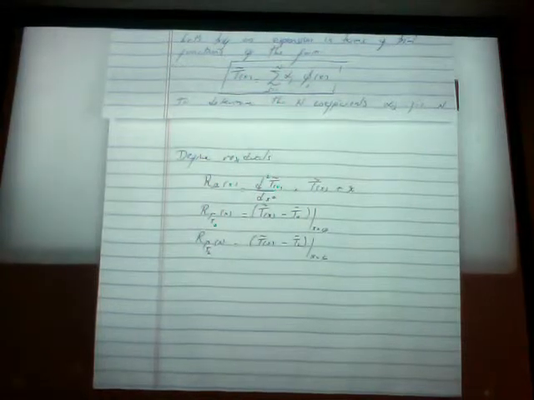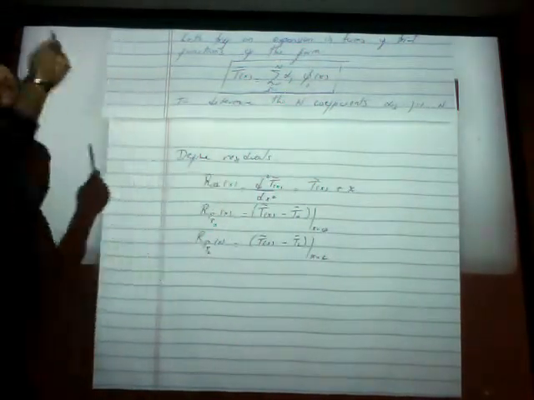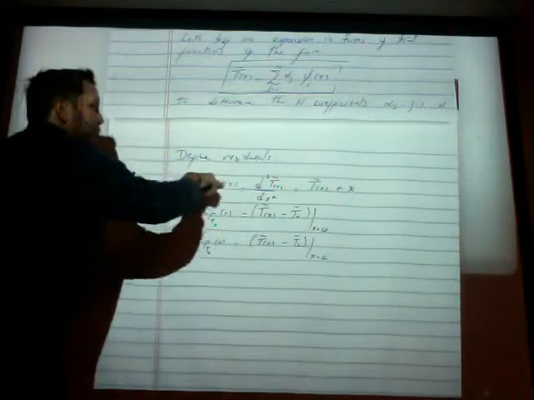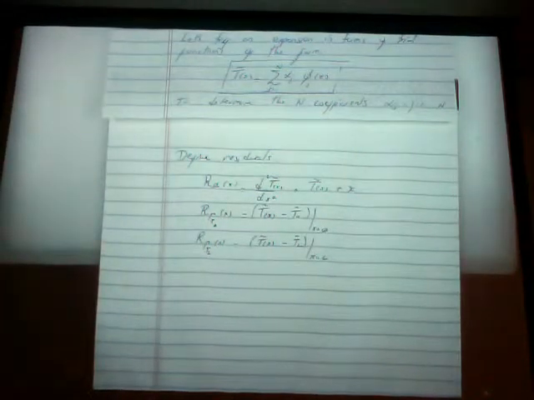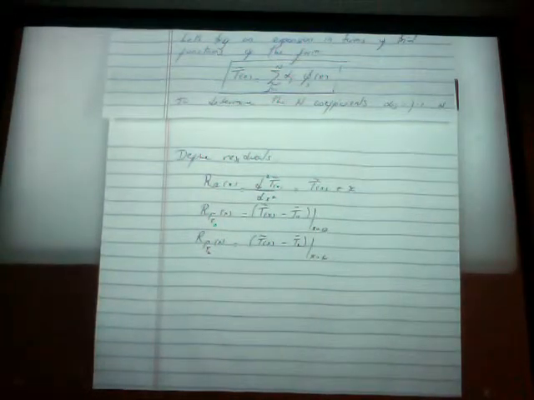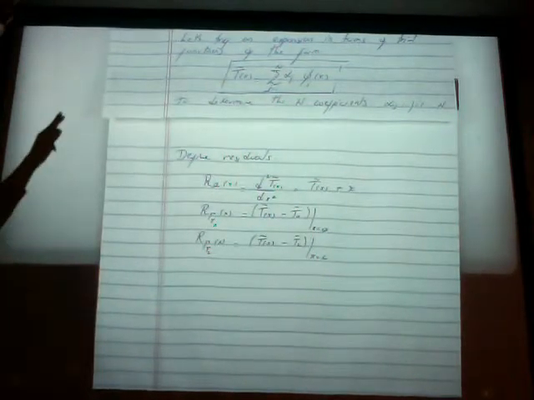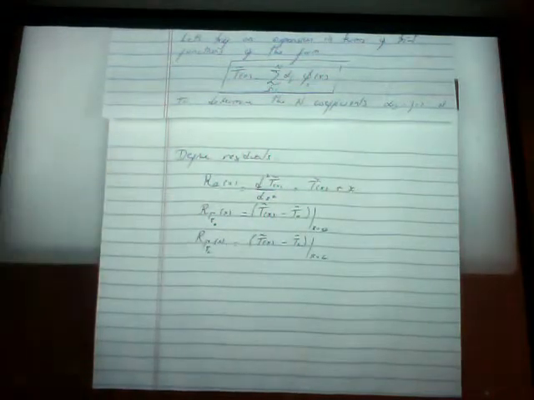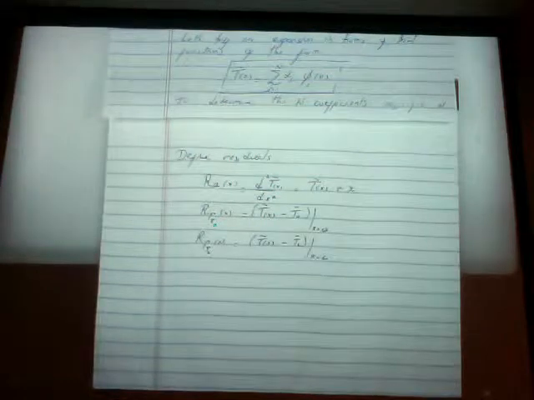Or do we pick a function T that satisfies the governing equation somehow, and then we force it so this residual goes to 0, and then try to figure out how to minimize the residuals on the boundary. That will be a boundary method. Or do we pick a temperature that doesn't satisfy anything, and then try to minimize these three residuals simultaneously? Okay. Now the usual choice is an interior method.